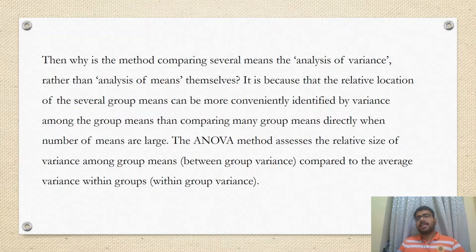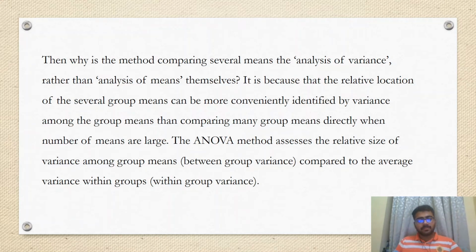When the number of means is large, comparing them directly is difficult, so we use the variance instead. The ANOVA method assesses the relative size of the variance among group means, the between-group variance, compared to the average variance within the groups.